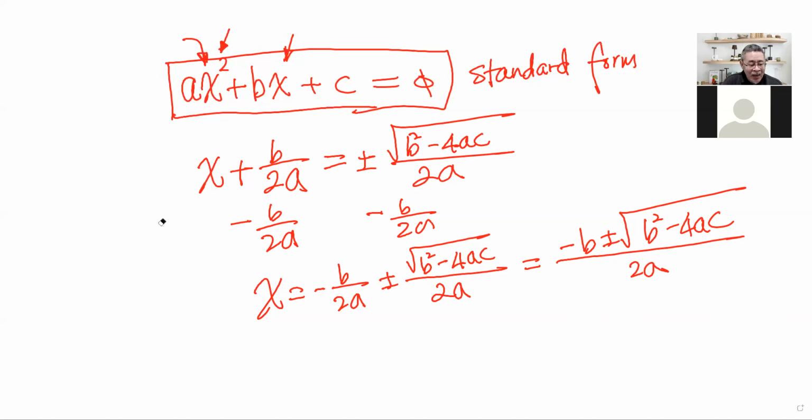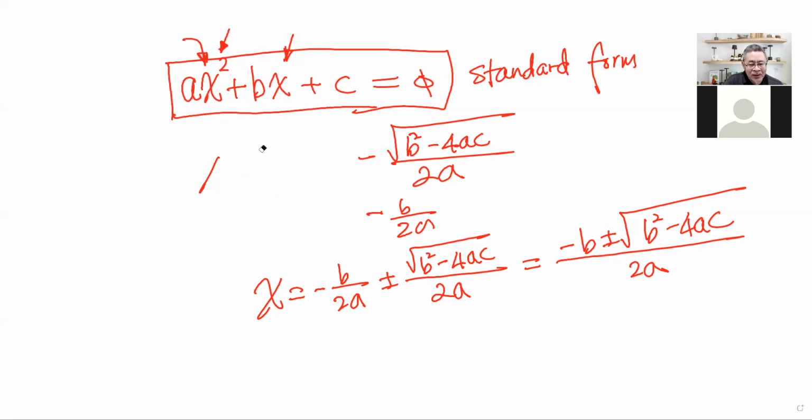Okay. So now we find the formula. So basically, you can see what we did is completing the square. And once we've done that, because we're dealing with symbols, everything else will just follow the formula.